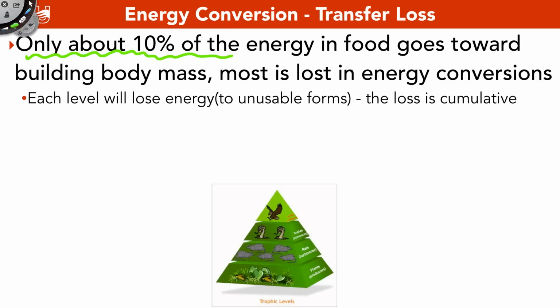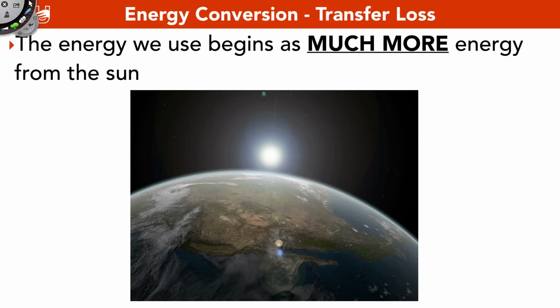Okay, that's an approximate point. You'll have a lab on this later this semester, but that's an approximation. There's about a 10% transfer of usable energy to the next trophic level.